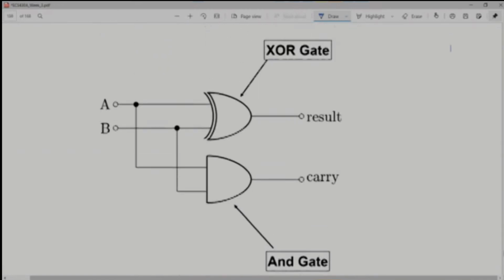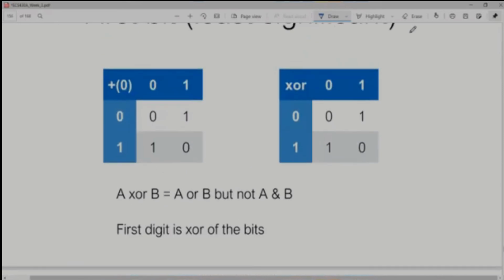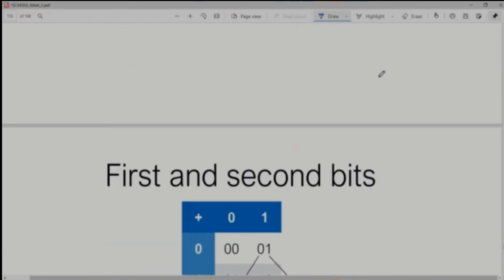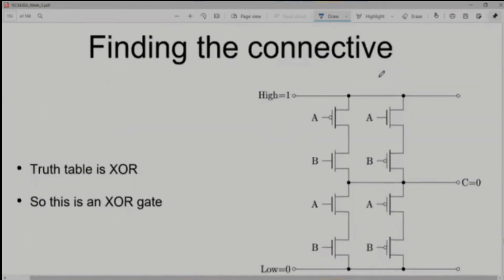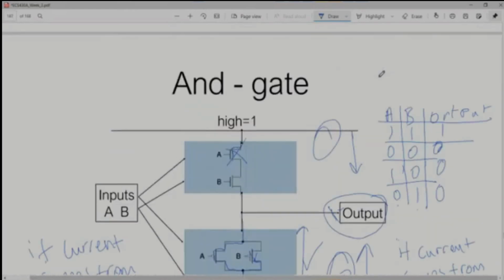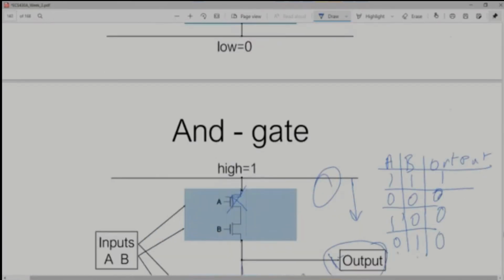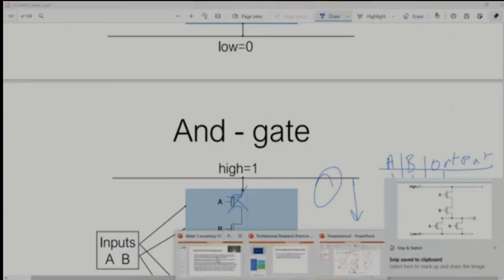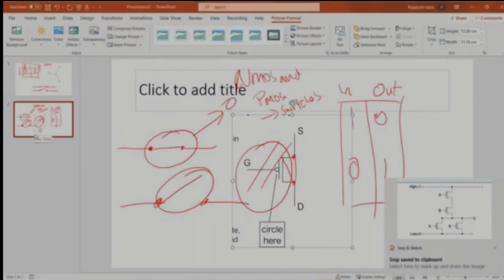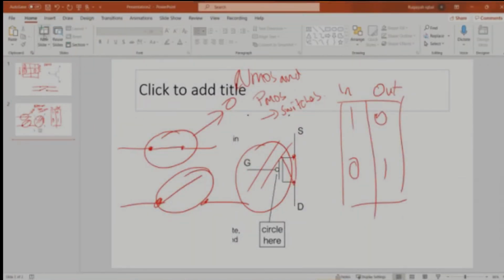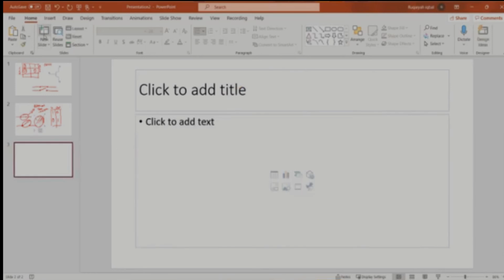Logic gates do come up, so just know the symbols and essentially just do the logic. Let's say we had a really complicated logic gate. Let's look at the quiz. Let's go through this kind of question. Yeah, so this question.